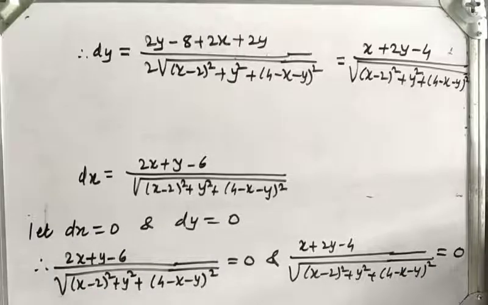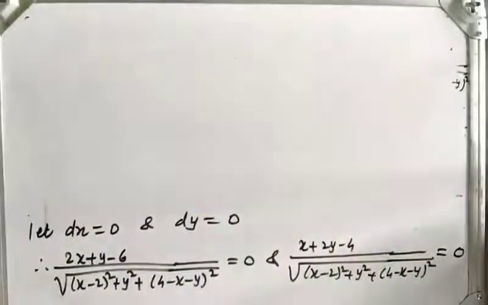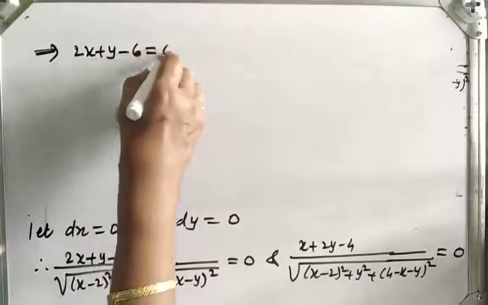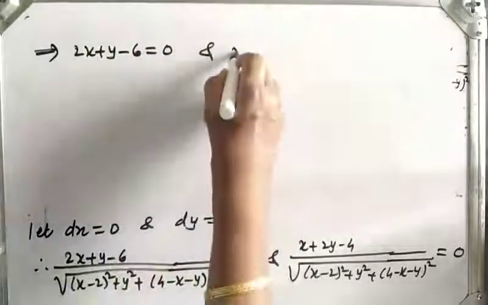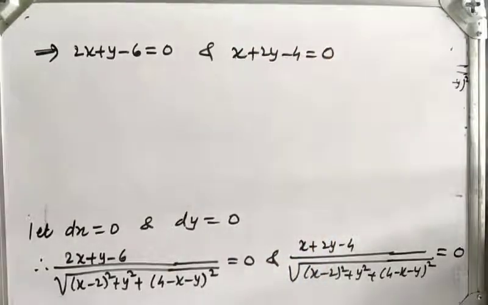So here the denominator can be shifted to the right hand side, so that will be 0. So this implies 2x plus y minus 6 is equal to 0 and x plus 2y minus 4 is equal to 0.